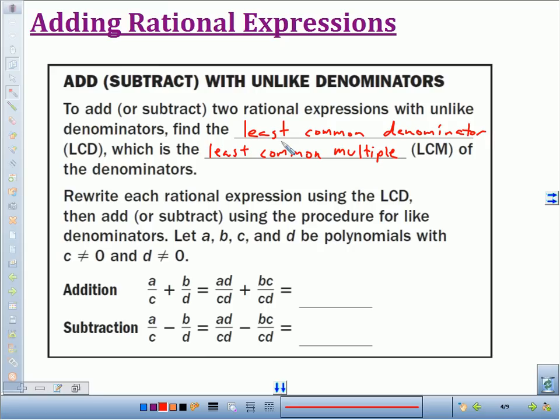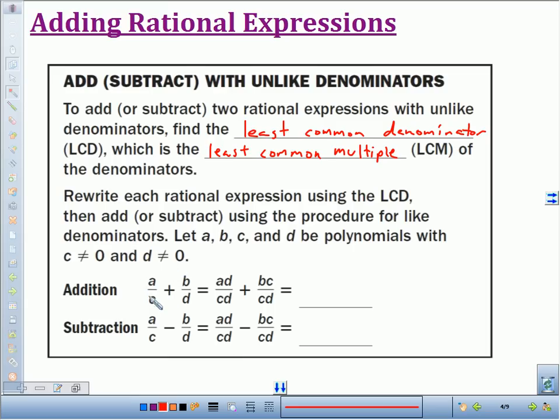So for instance, the least common multiple of 3 and 4 would be 12, because you can multiply 3 by something to get 12, and you can multiply 4 by something to get 12. Now, once we know what the least common denominator is, we want to rewrite each expression using the least common denominator, and then add or subtract for like denominators, because we will have gotten the like denominators.